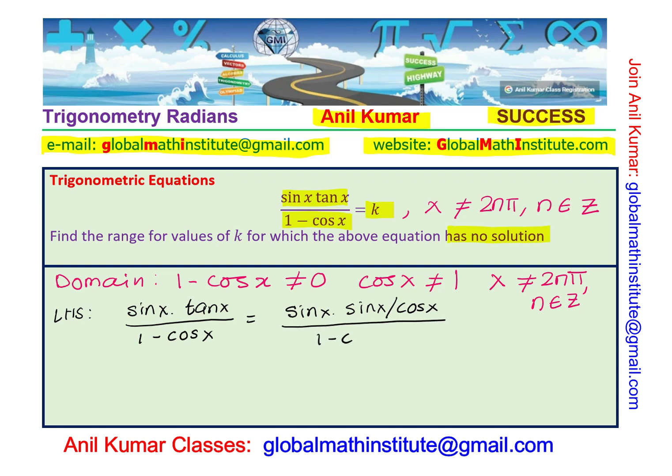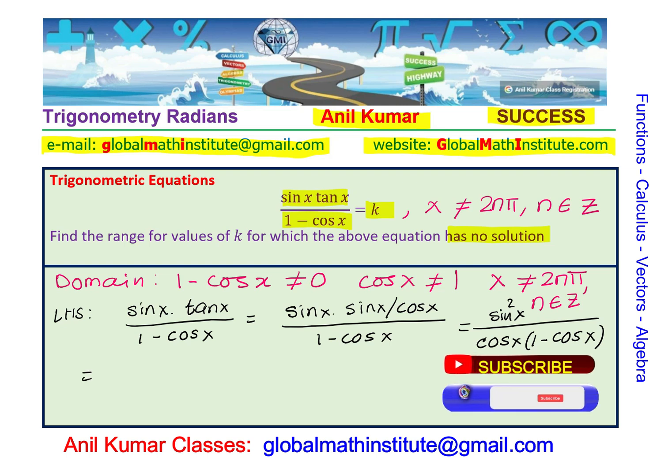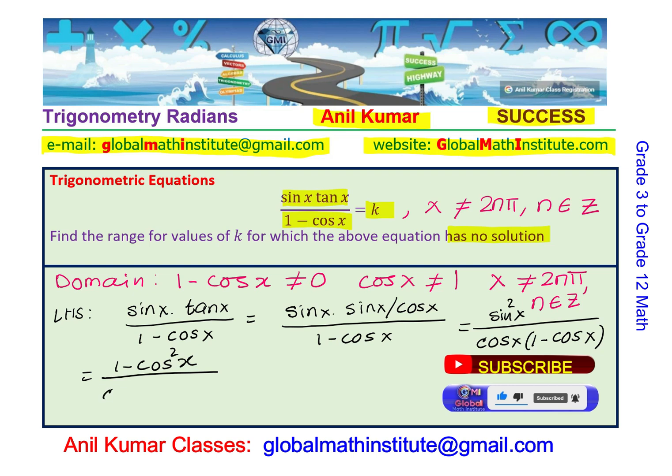We have 1 minus cos x in the denominator. So that gives you sin square x, right? Over cos x in the denominator times 1 minus cos x. Now sin square x can be written as 1 minus cos square x, correct? So you see where we are going, right?